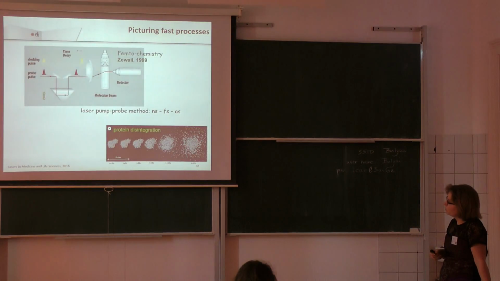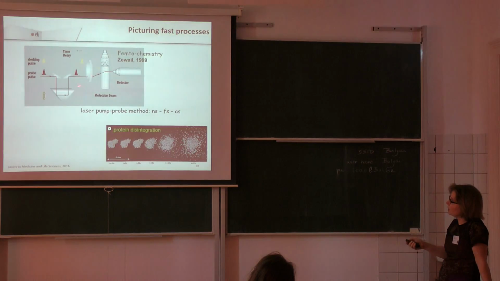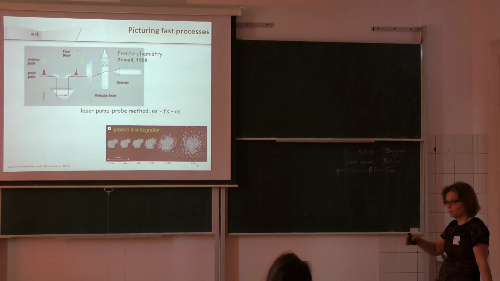What is happening in a pump probe experiment is that you have two pulses that are synchronized at their burst, and then one is being sent on a somewhat longer path, and this longer path results in a delay between the two pulses. And since light travels 0.3 microns in each femtosecond, moving this retroreflector on a sub-micrometer scale gives you a delay in the femtosecond range.